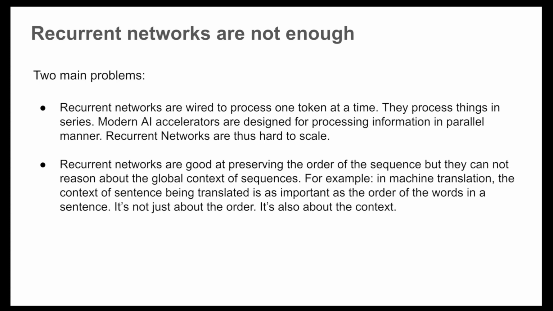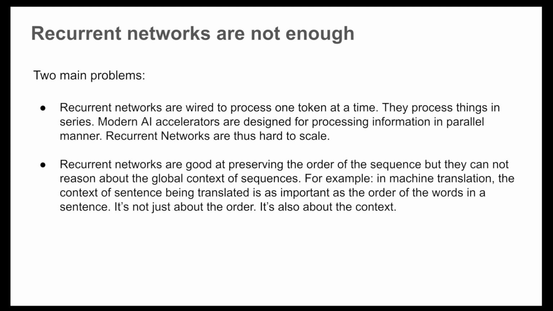Recurrent networks are good at preserving the order of the sequence they are processing, but they cannot reason about the global context of the sequence. For example, in machine translation, the task of translating one language to another, the context of the sentence being translated is as important as the order of the words in the sentence.